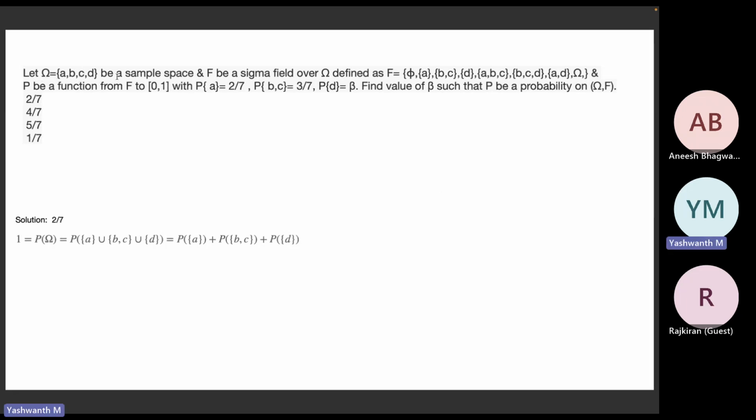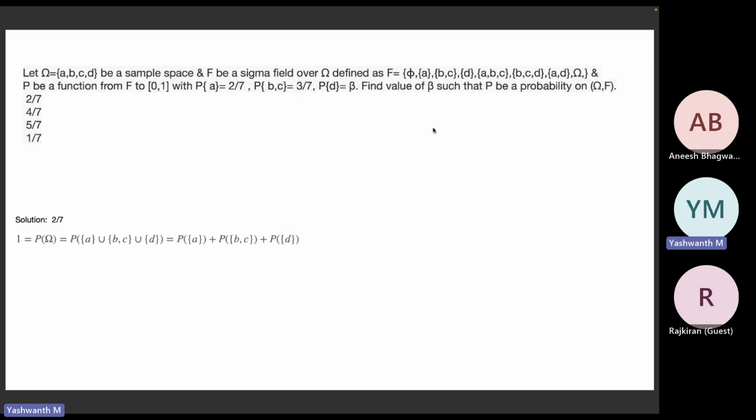You have been given the same sample space A, B, C, D, and F is again a sigma field defined like this, right? And this is a sigma field. And P is a function from F to 0 to 1, basically a probability measure, defined on the collection of subsets F. Here it is defined in a peculiar way: P of A is 2 over 7, BC is 3 over 7.